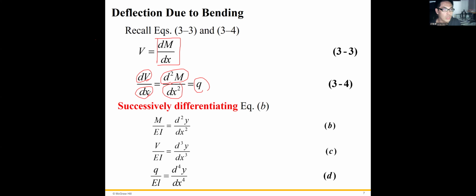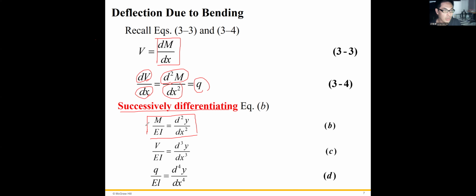So it can be obtained by successively differentiating. As I mentioned, the relation between the moment and the deflection, or the double derivative of the deflection, equals M over EI.